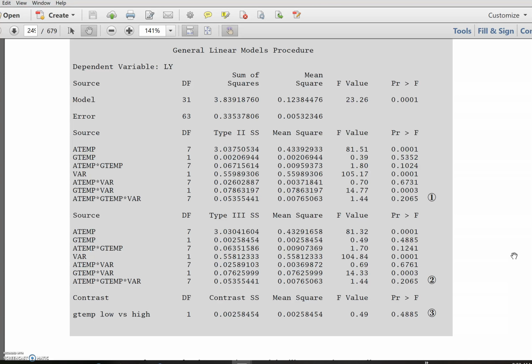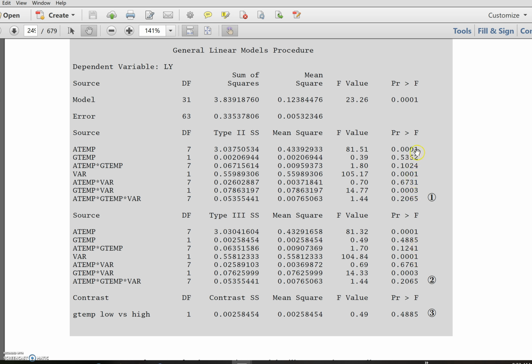However, if we start at the very bottom of our factors and look at that 3-factor interaction with either the type 2 or the type 3, we see no significant interaction at that level. However, when we get to the growth temp and variety, we do see with both cases significant interaction. So we know we need that particular interaction in the model.